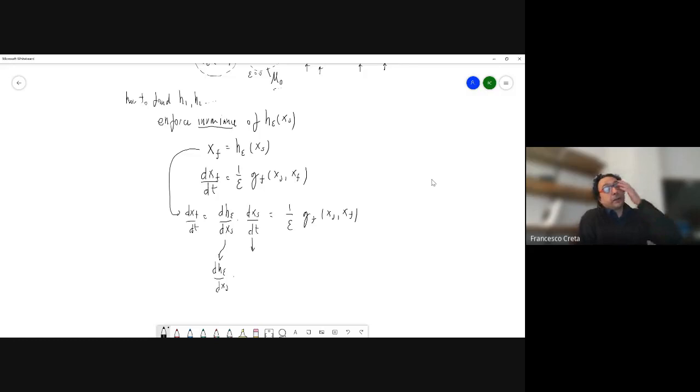That's the other ordinary differential equation, so it's g_slow, the right-hand side of the slow equation for x_s.